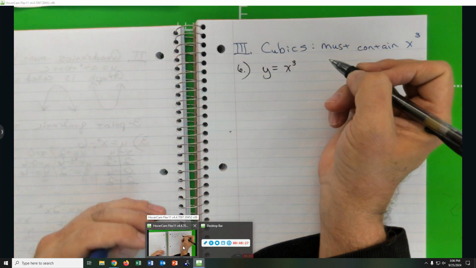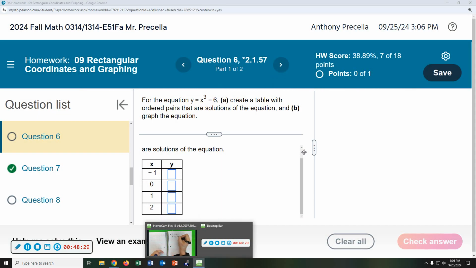So y equals x cubed minus 6. And look, they're giving us the table. So why don't you write down the whole table and fill in all the points. So, -1, 0, 1, 2.